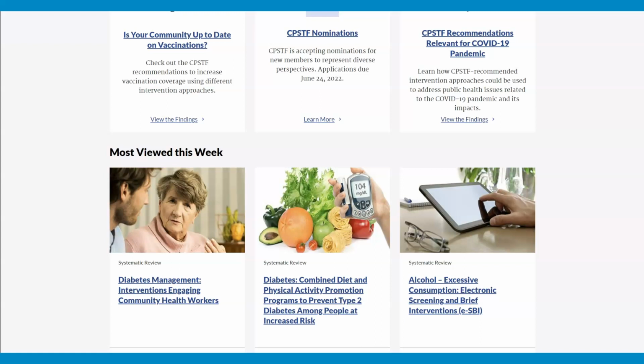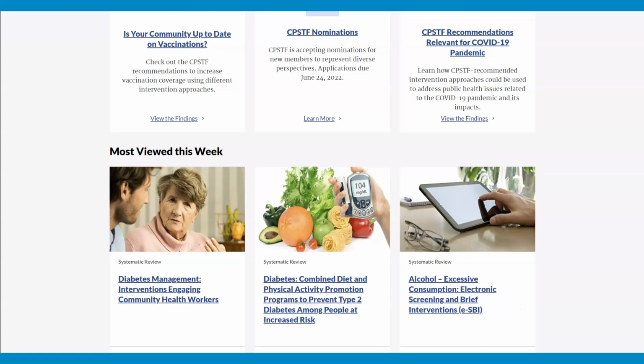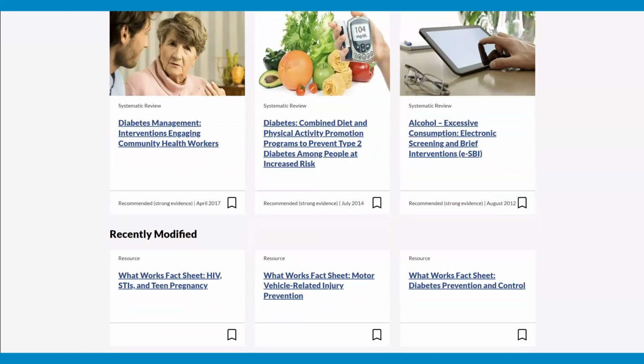But I encourage you to go over this website as well. This is www.thecommunityguide.org. And this is where you see the implementation of all the different interventions that were developed with the technique that was outlined. Now you'll see some of these are a bit dated.